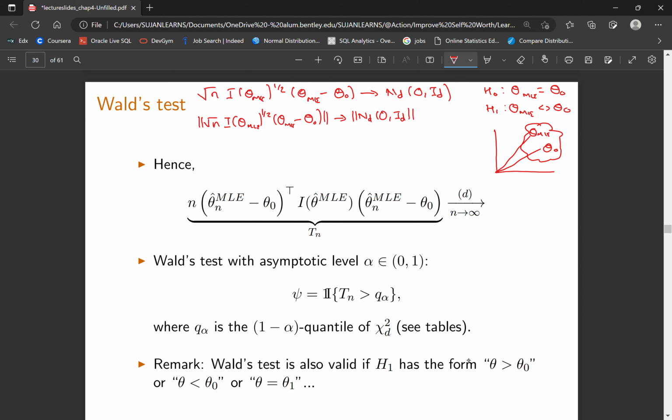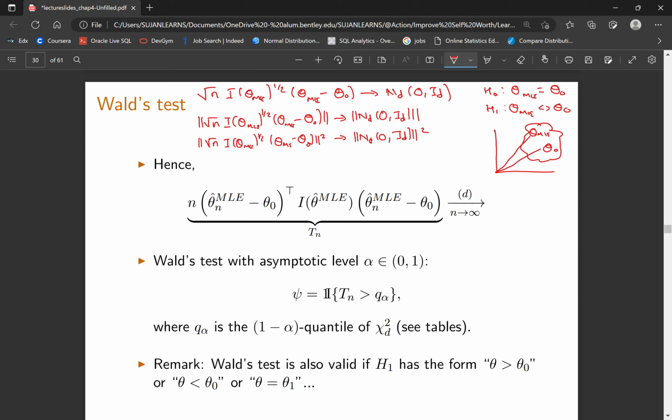That's why we take the square distance. Now let's square this. Next step, we take the square of this, and now we have the square distance of this. This is what we have right now.